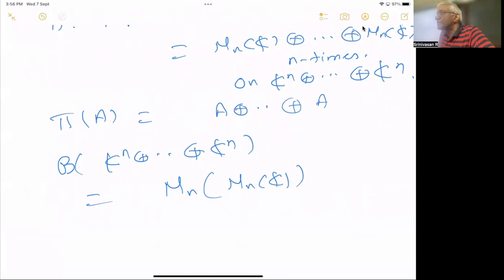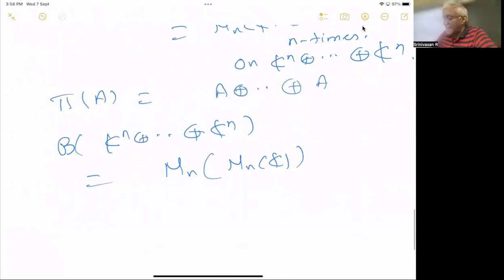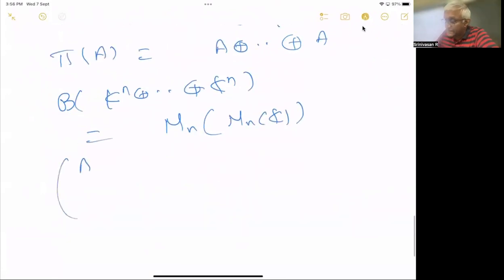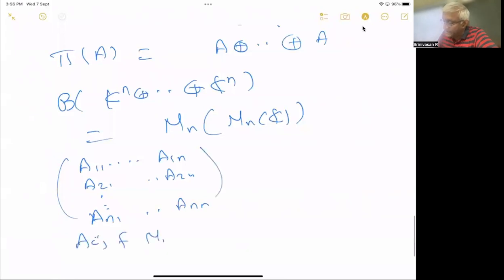Is this clear? If you have some matrix like this, A11 up to A1n, A21 up to A2n, and so on down to An1 up to Ann, where each Aij is a matrix in MnC.